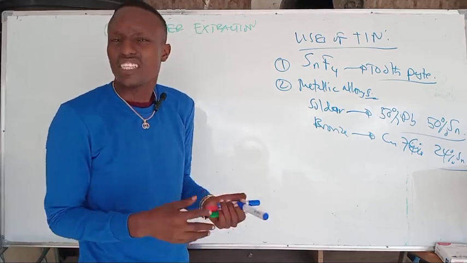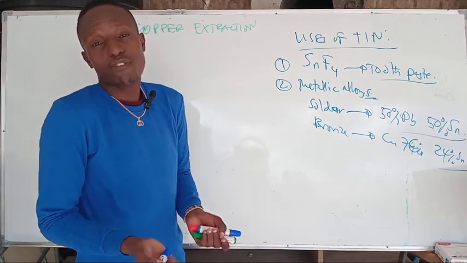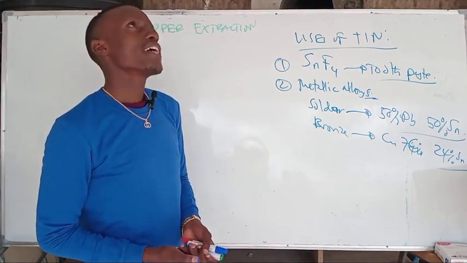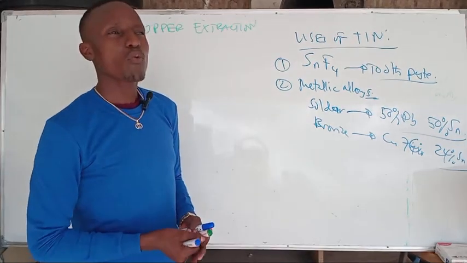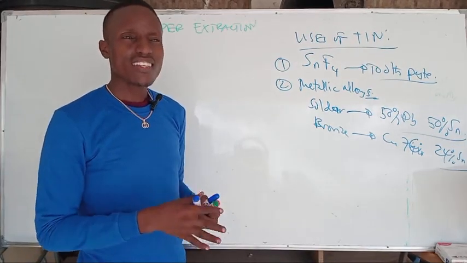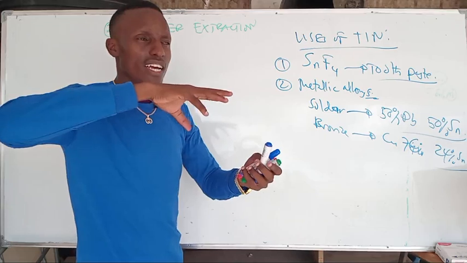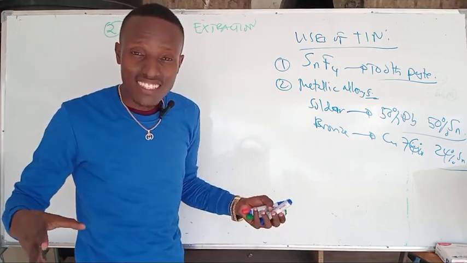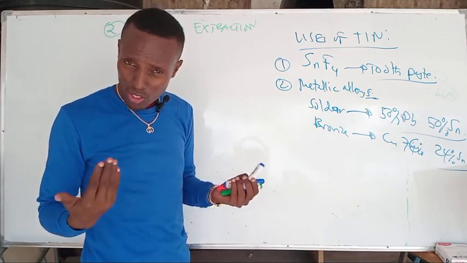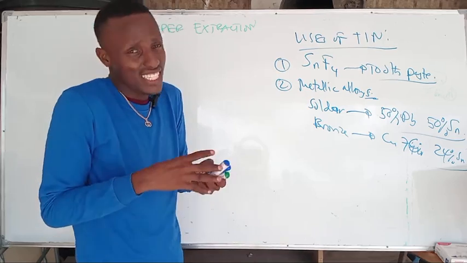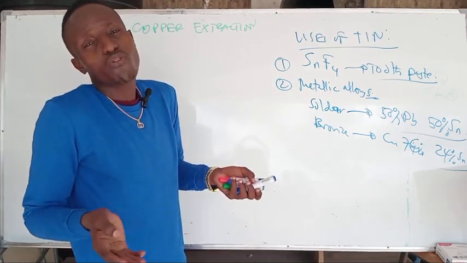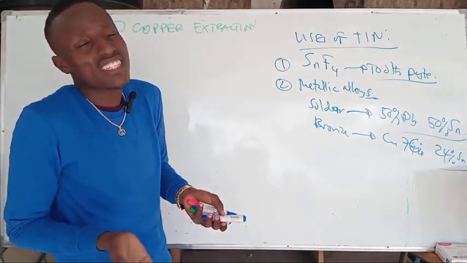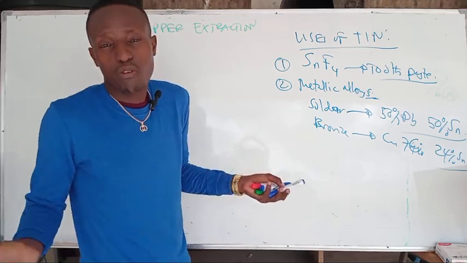The uses of the tin. Tin also can be used in tin plating, to protect metal from, what do we say, rusting. So rusting destroys the metals, but when using tin, which is less reactive, it doesn't allow the metal to form rust.